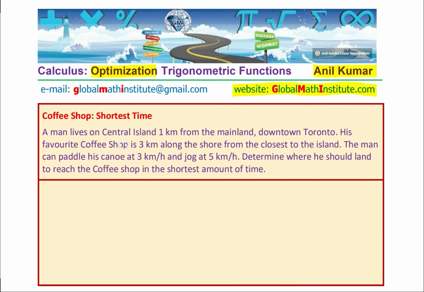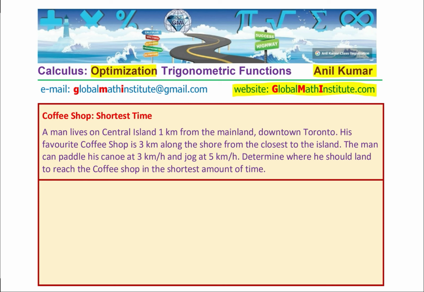His favorite coffee shop is 3 kilometers along the shore from the closest point to the island. The man can paddle his canoe at 3 kilometers per hour and jog at 5 kilometers per hour. Determine where he should land to reach the coffee shop in the shortest amount of time.